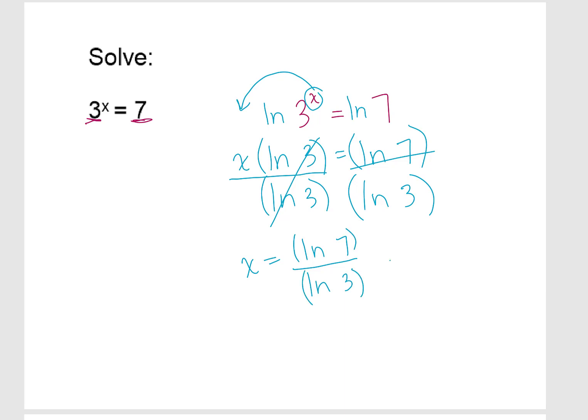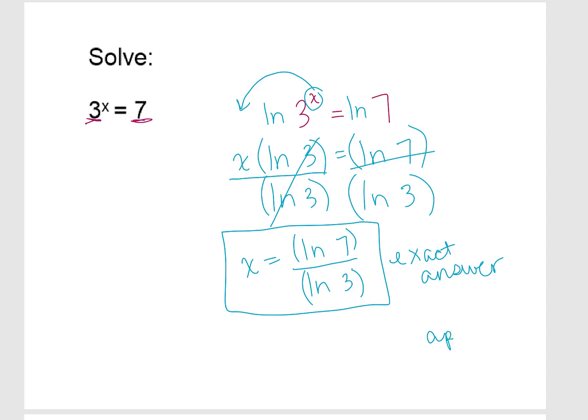That is my exact answer. The reason is that I cannot express the natural log of 7 as a nice solid integer, and neither can I for the natural log of 3. So the only way to get the exact number would be to express it that way.